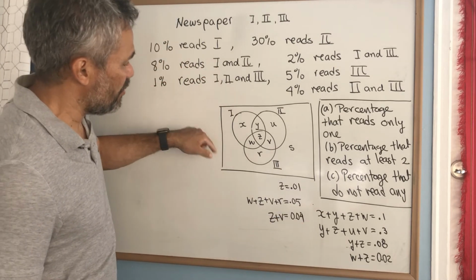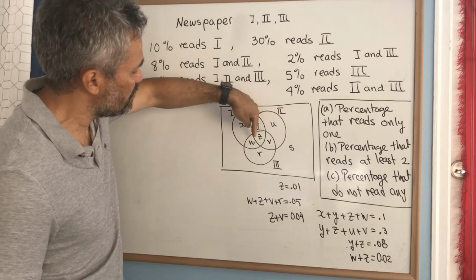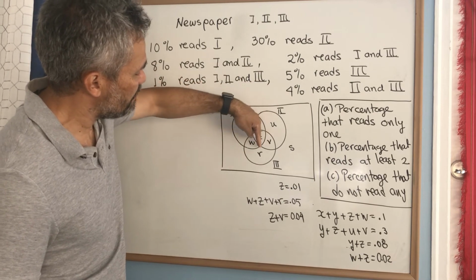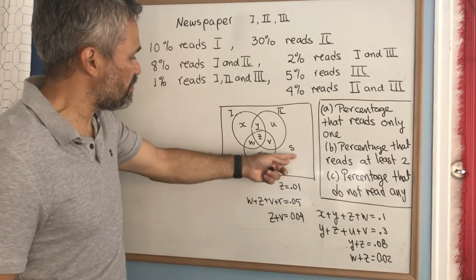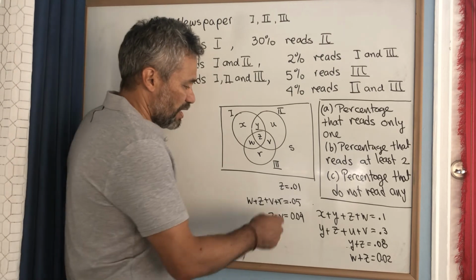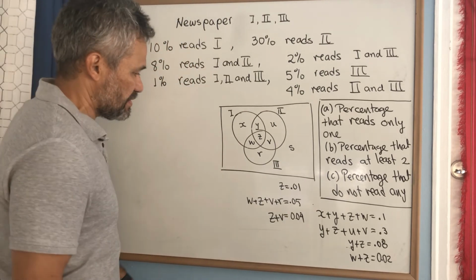And notice that the other equation that we have is that the sum of all of these, X plus Y plus U plus W plus C plus V plus R plus S, must be equal to 1. But then we have all these equations, and let's try to solve the system.